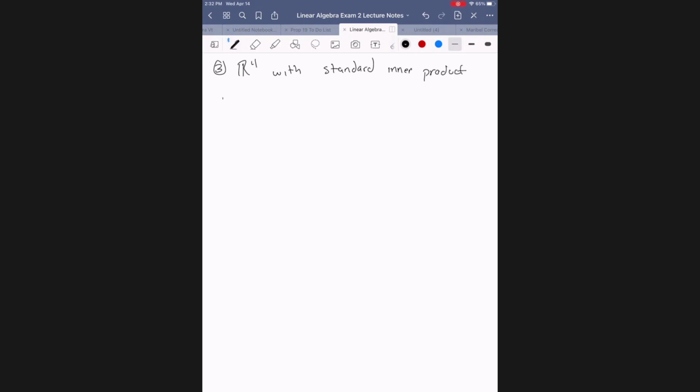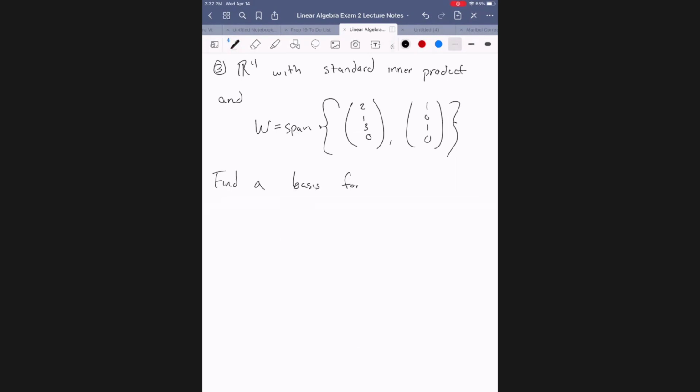And let W equal the span of this. Find a basis for W complement. Okay, so there's a lot of things going on here, right?